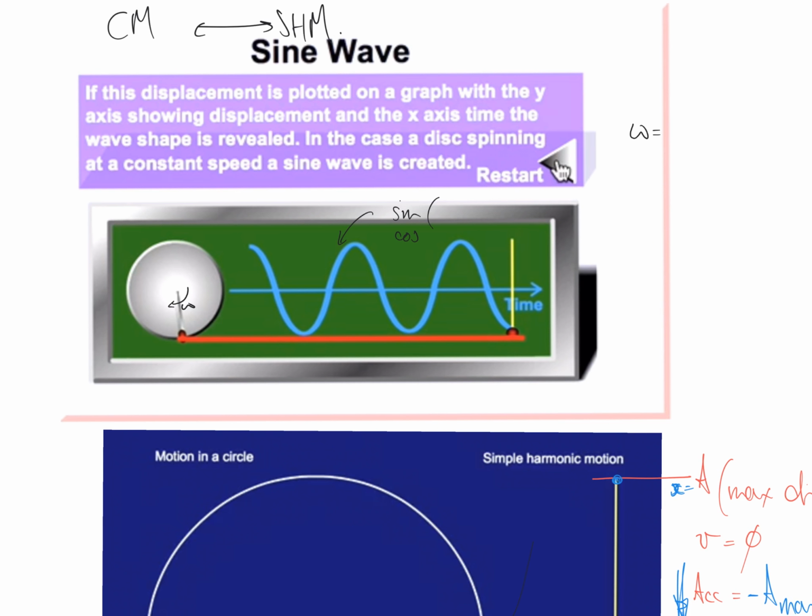So 2 pi over T gives me my angular speed, how fast it's moving, which in turn gives me 2 pi f. If I want to know how many angles I've gone around, that is going to be omega t. So we're looking at a sine or cos of omega t.